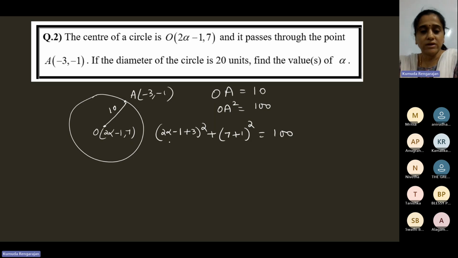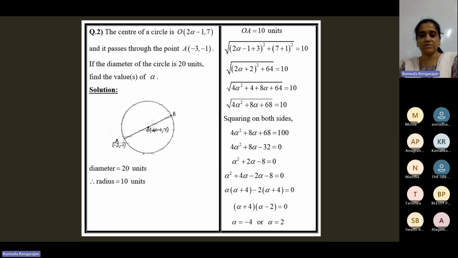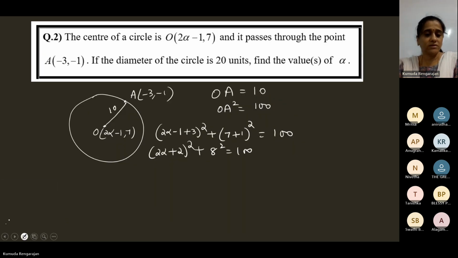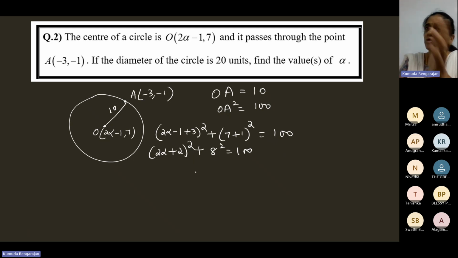So now this is 2 alpha plus 2, the whole square, plus 8 squared, that is 64, is equal to 100. So you need to expand this. When you square it, you can take out 2 common if you want, or you can just square it as it is.